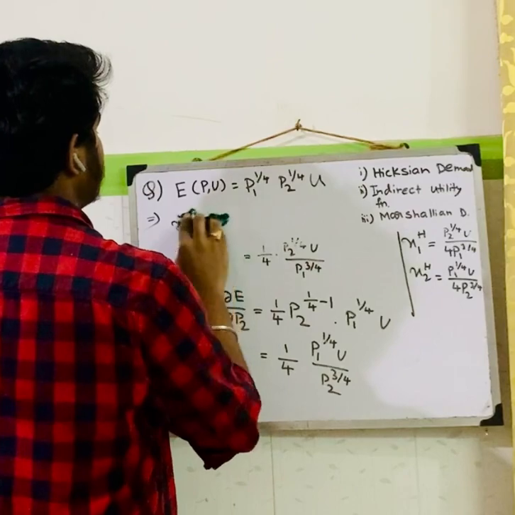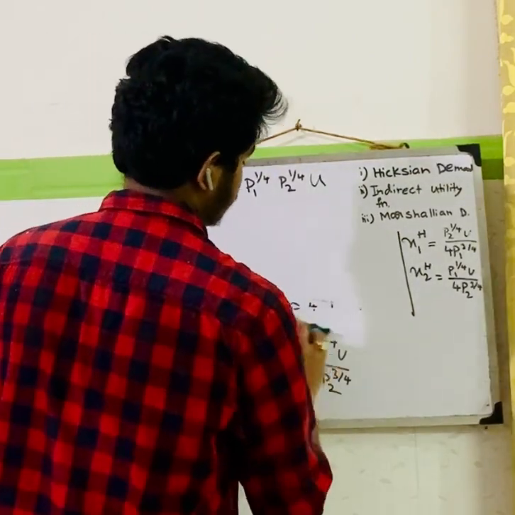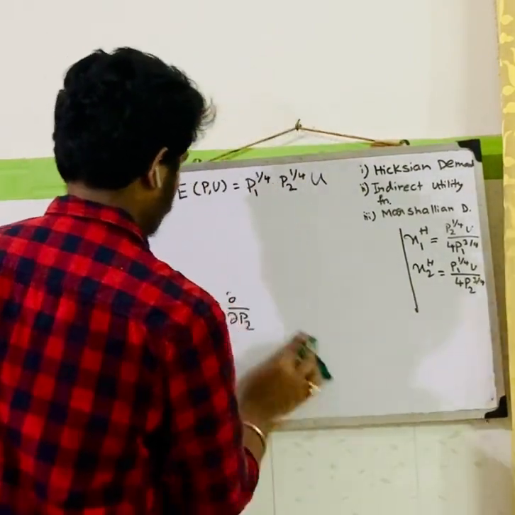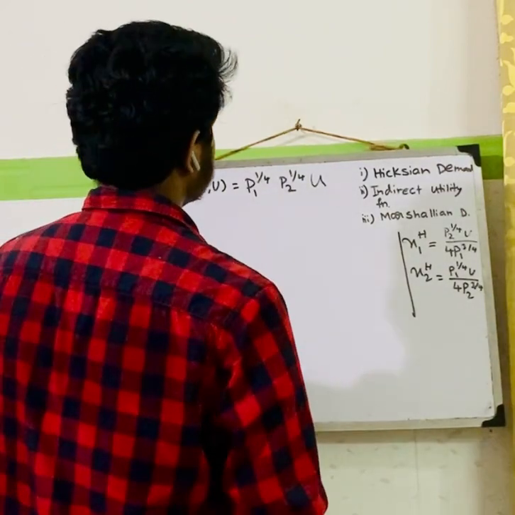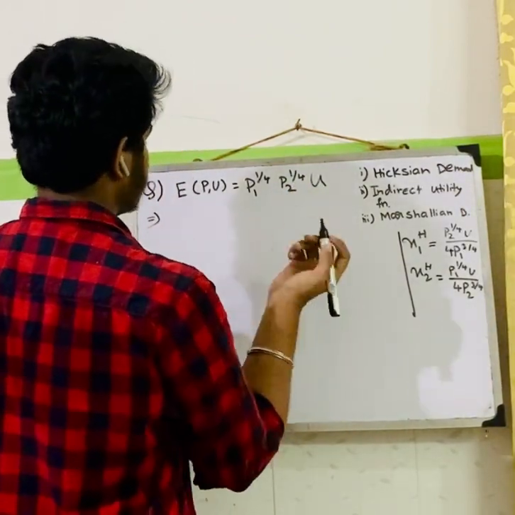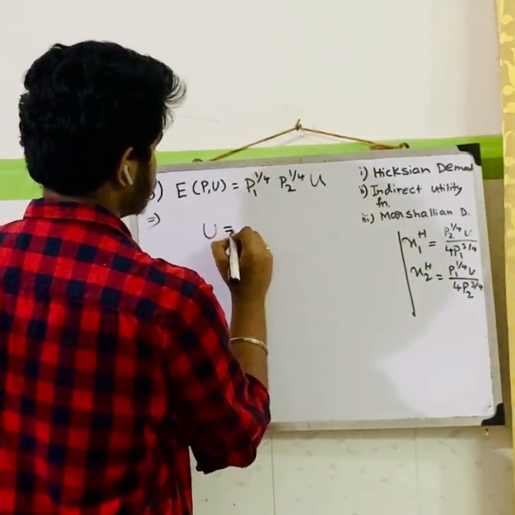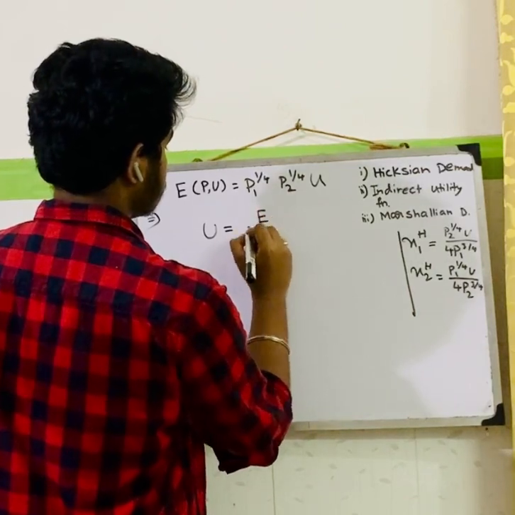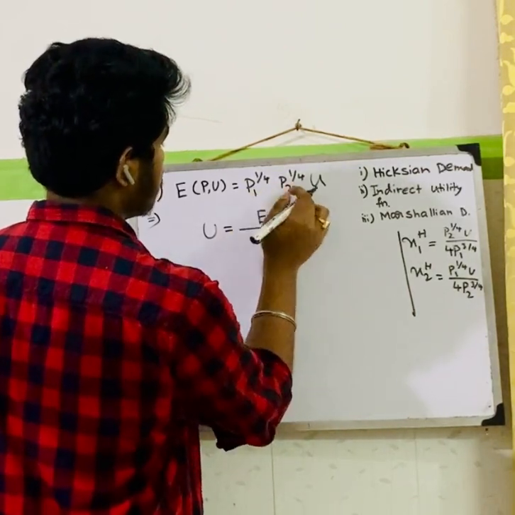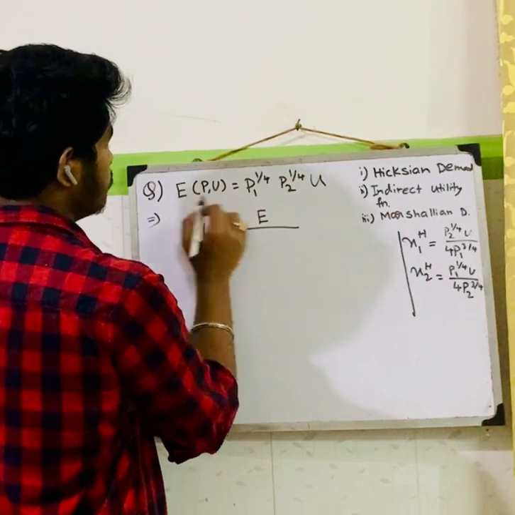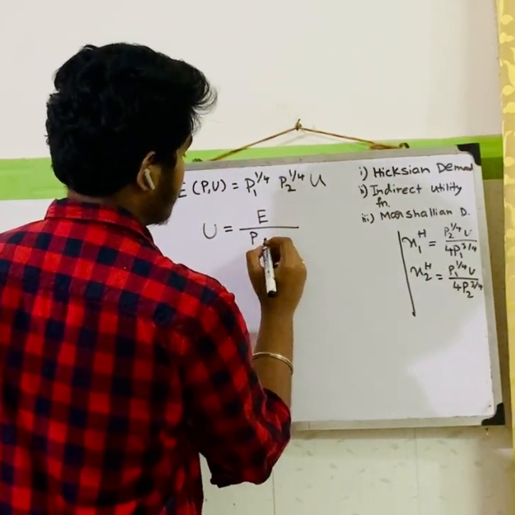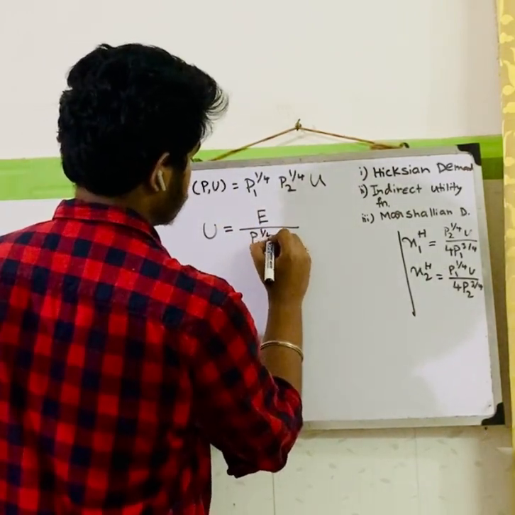Now we have to derive our indirect utility function. So this is our expenditure function, so we can write utility function like this. By taking this P1 and P2 in the denominator, we get our indirect utility function.